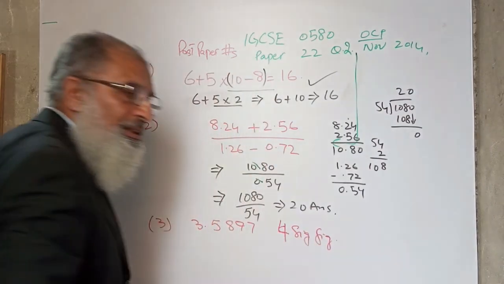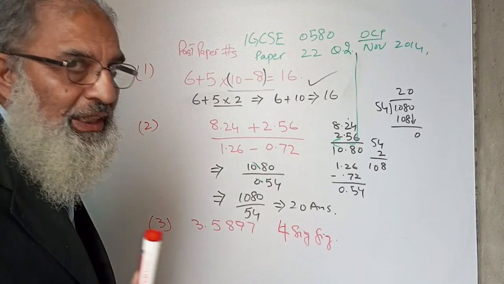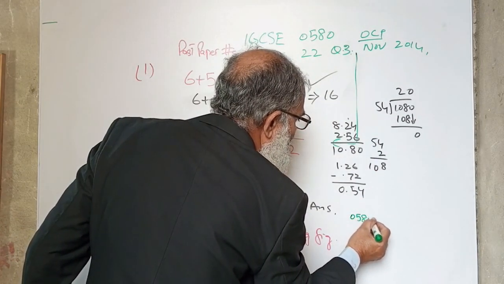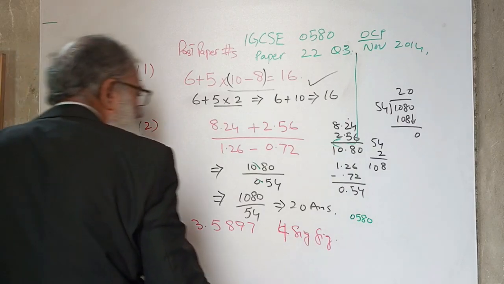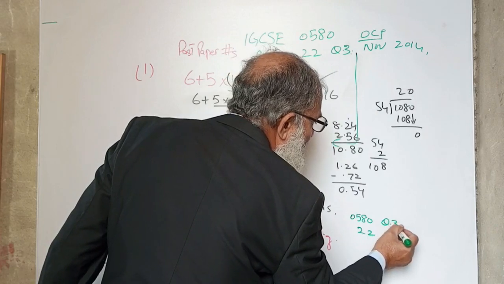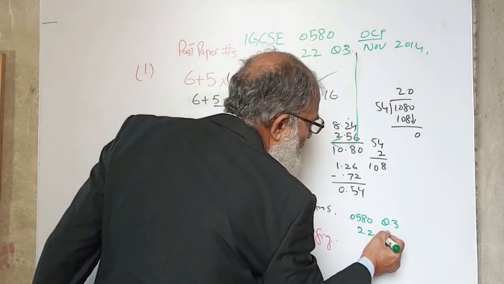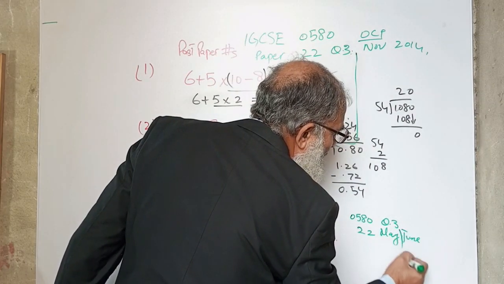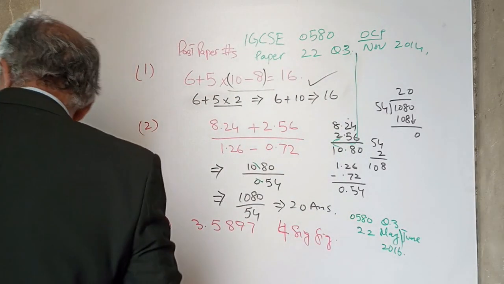Remember, it is not decimal places, it is significant figures. Maths 0580, paper 22, and the question is 3, May June 2016. Now this is the reference over here.